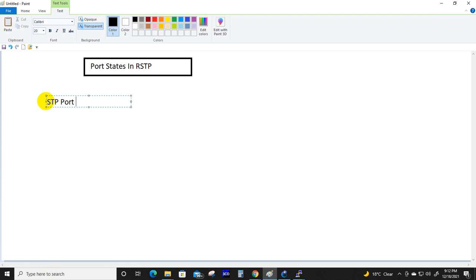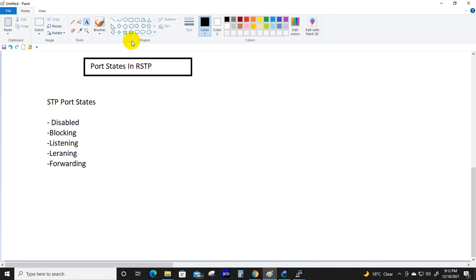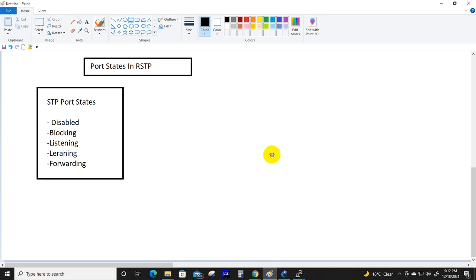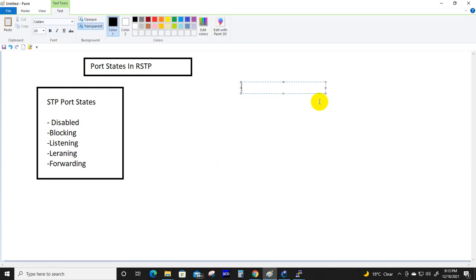STP port states: disabled, blocking, listening, learning, and forwarding. We have 5 port states in STP.